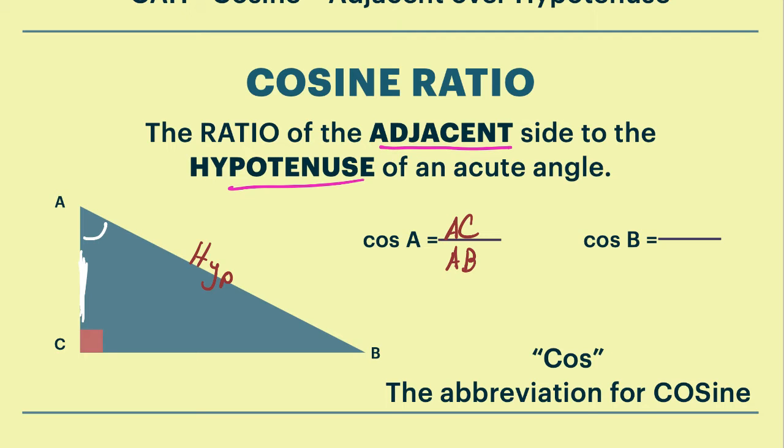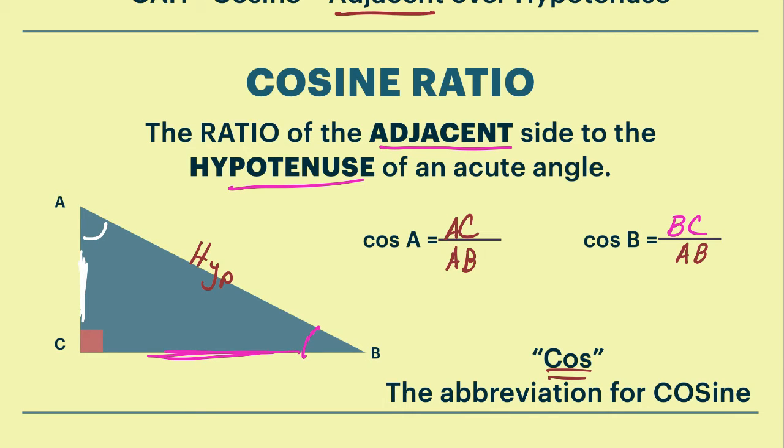And then when I do angle B and I want its cosine, the adjacent side is BC, and again over the hypotenuse, but the hypotenuse does not change. So AB again.